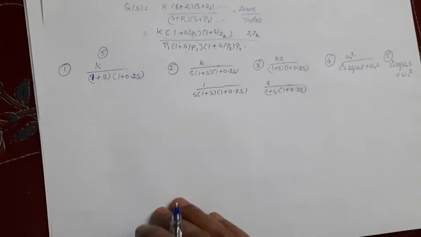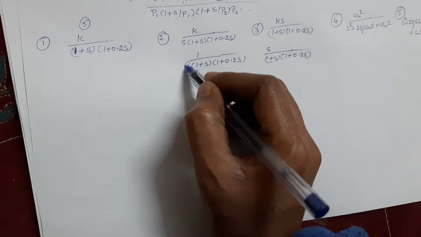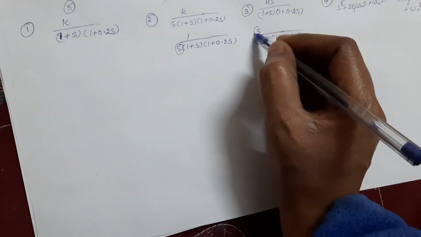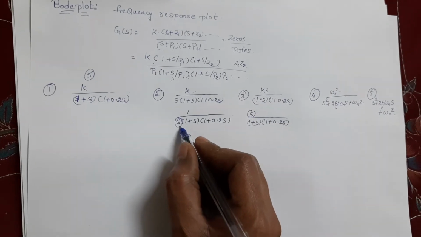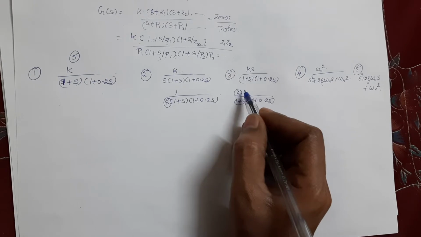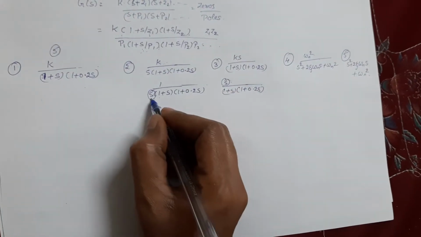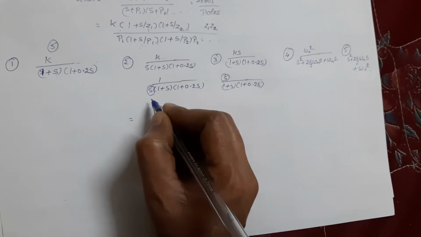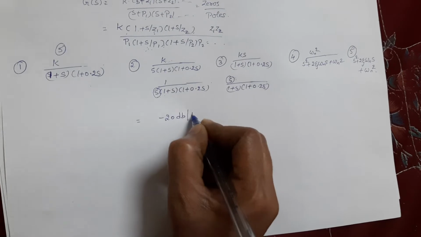Observe here, in this problem there is s in the denominator, and in this problem s is in the numerator. That is, you have a pole at the origin in this problem, and a zero at the origin in this problem. If a pole is at the origin, you should consider it as minus 20 dB per decade.